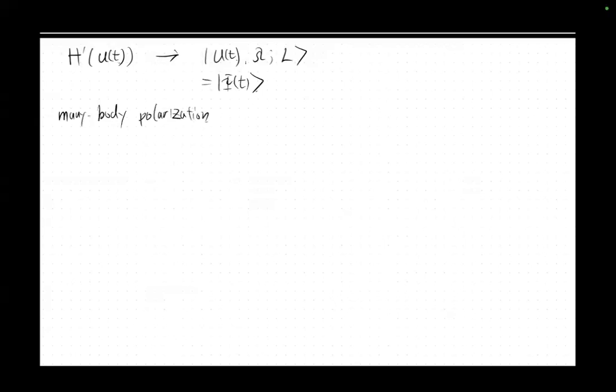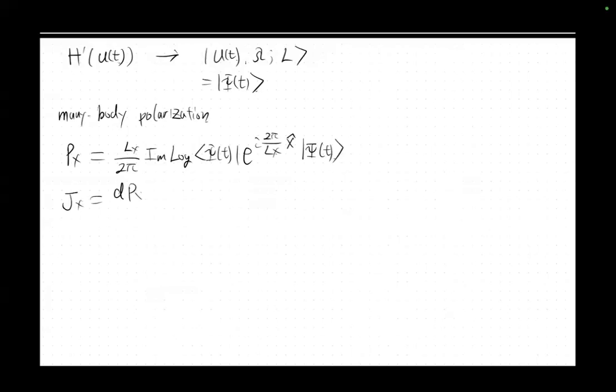So this is given by T_x = (L_x / 2π i) m log⟨φ(t)| e^{i 2π/L_x x̂} |ψ(t)⟩. And then we can compute the current by the time derivative of this object.